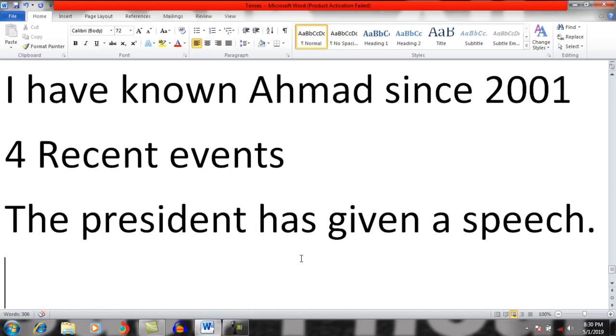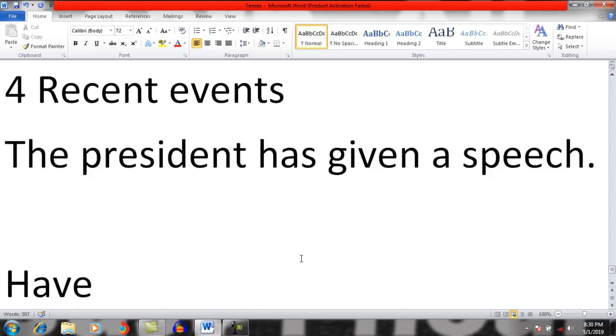Now we'll have to make a formula. We have two helping verbs in the present perfect: have and has.